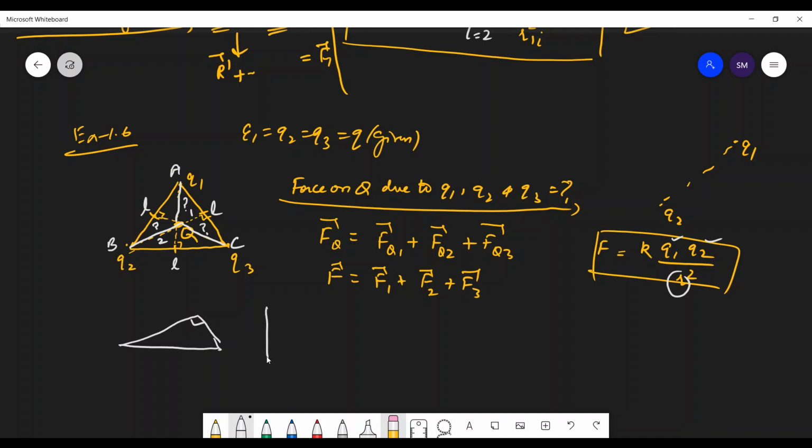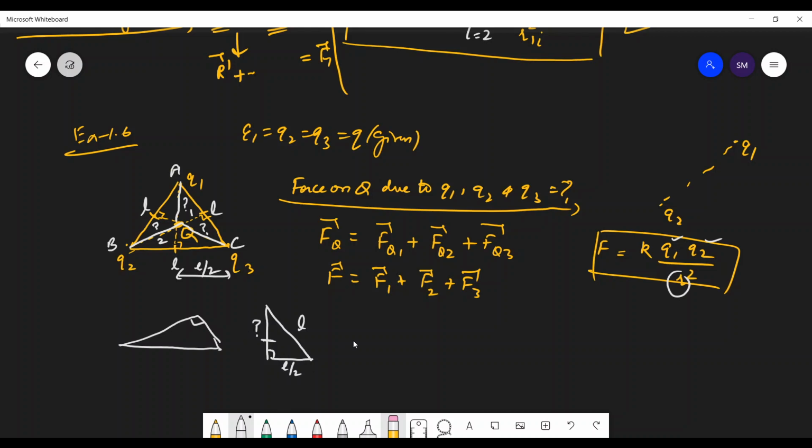This is what I am interested in finding. I am interested in finding 2/3 of this whole length, and this is half. This is the perpendicular bisector, so this is L by 2.